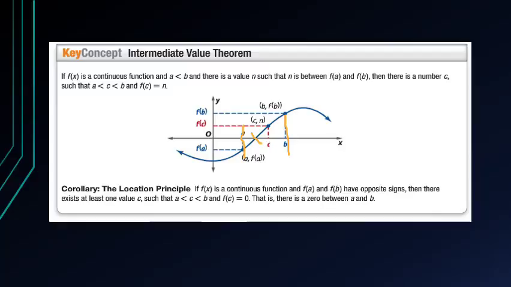Somewhere between those two points where f of x changes signs, there is going to be a 0. We can say that that's a 0, or a root, of the function, which basically means this is where it crosses the x-axis. Okay, we'll look at a couple of examples.